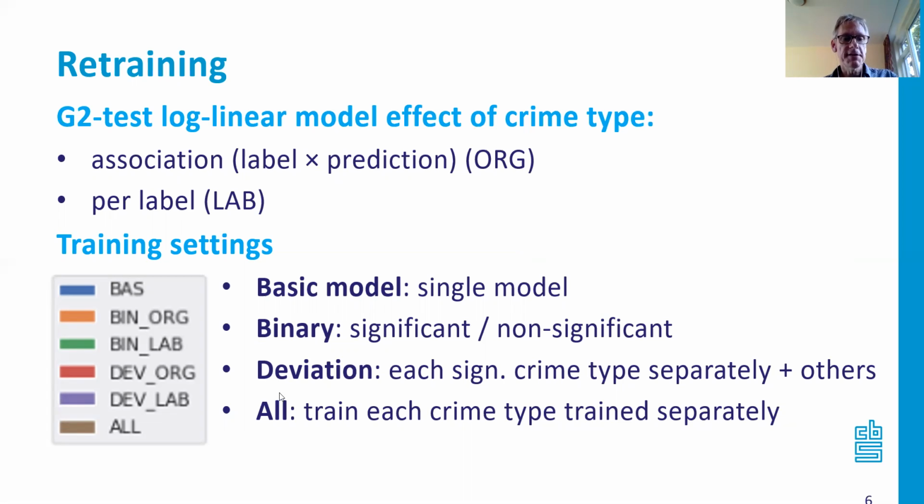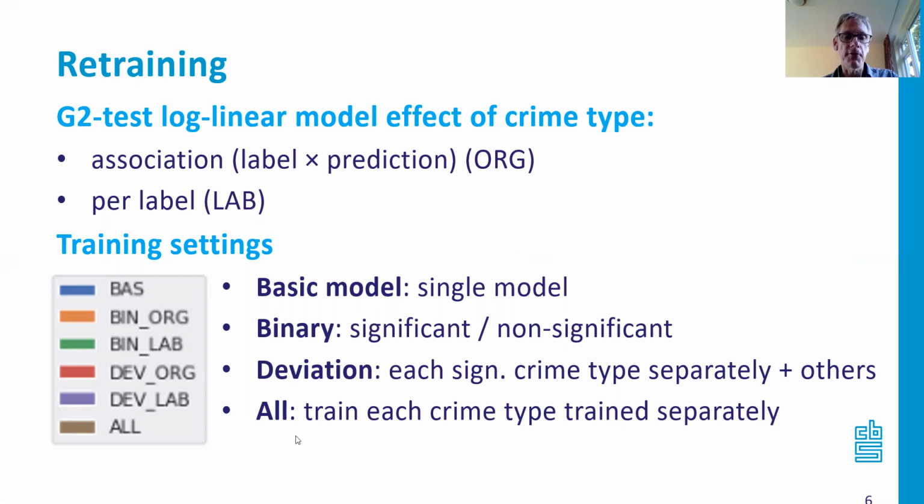We had a number of training settings. We had the basic model, which then concerns a single model. We had a binary model in which all significantly affected crime types were trained as one group and non-significant ones as the other group. We had deviation, in which for each significantly affected crime type a model was trained separately, and then all the others.